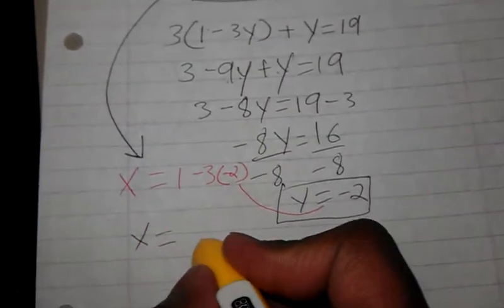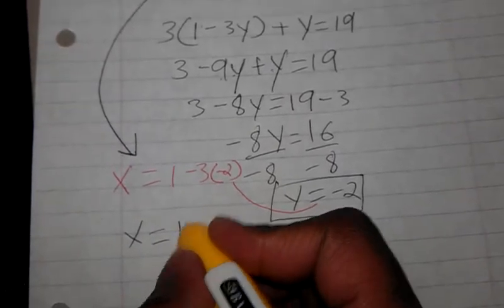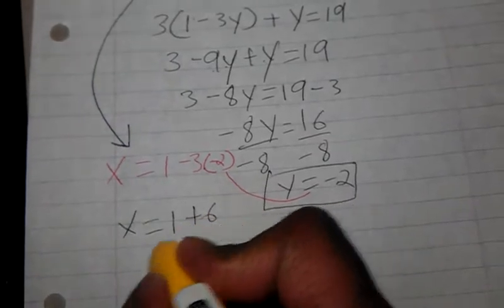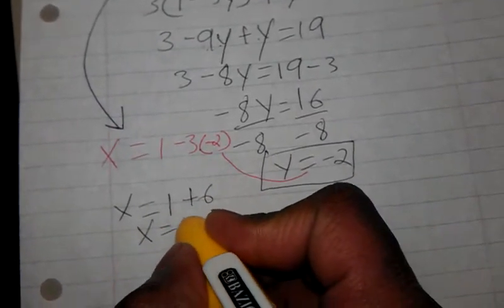When two negatives come together, we have a positive 6, and x is then equal to 7.